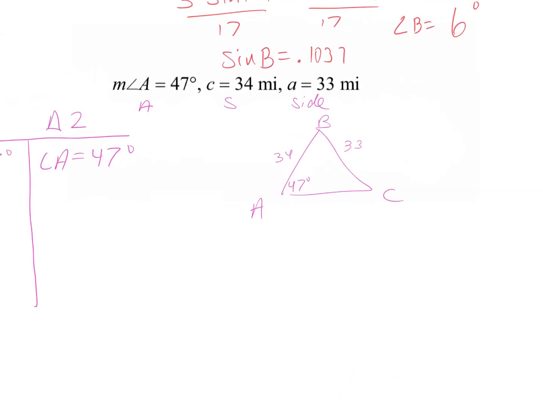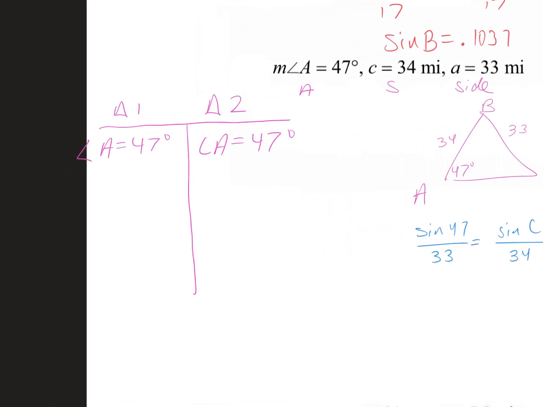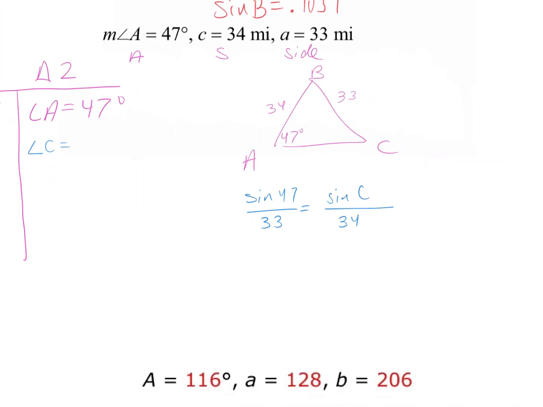What is the law of sines proportion that I can put together with the given information? Sine 47, good, over 33 equals what? Perfect. Sine C over 34. So we're finding angle C, which is perfectly fine. So cross multiply: 34 times the sine of 47 equals 33 times the sine of C. Divide both sides by 33.